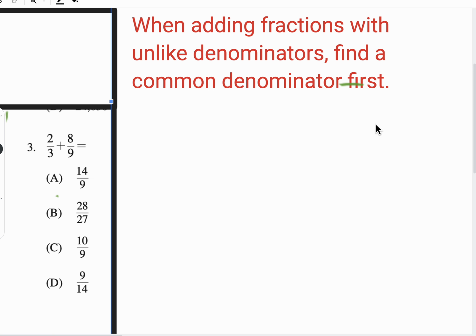Both 3 and 9 will go into 9. Let's go ahead and multiply here. We can multiply 3 times 3 is 9.